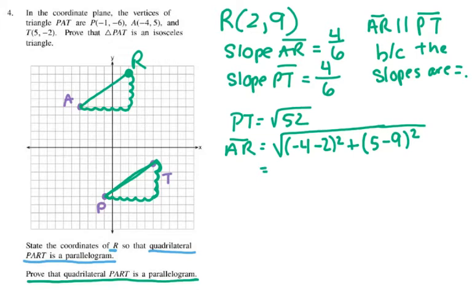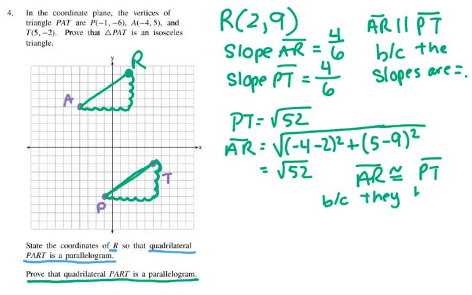When I simplify my radical, I do get the square root of 52. I can now state that AR is congruent to PT because they have equal lengths.